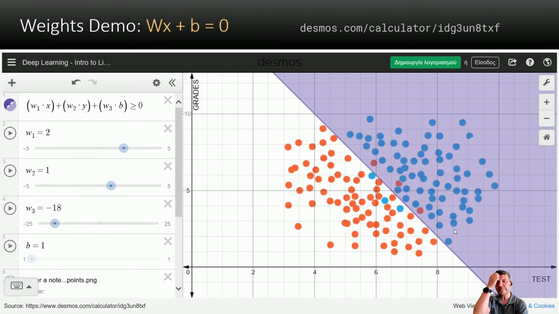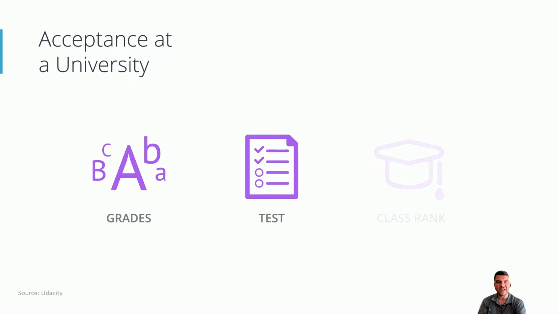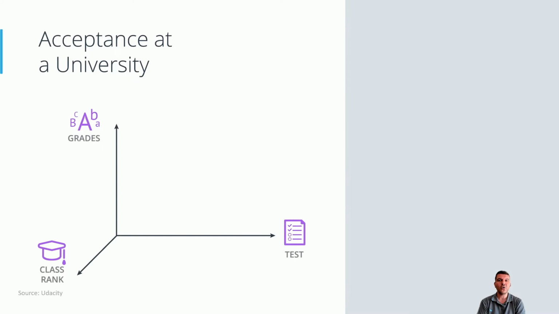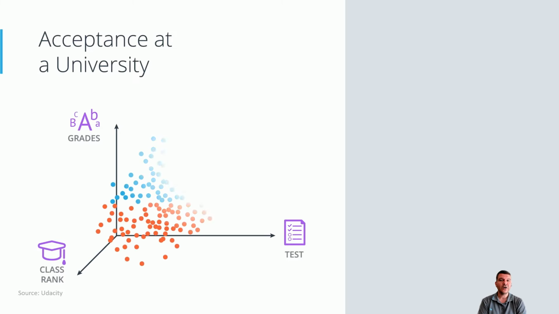Now, what would happen if we had a third dimension like the class rank? As you understand, this would be a third dimension. We would need a z-axis in order to plot this. And now we would have three axes for the grades, for the class, and for the test. And our data would, in fact, fly in 3D, all right?